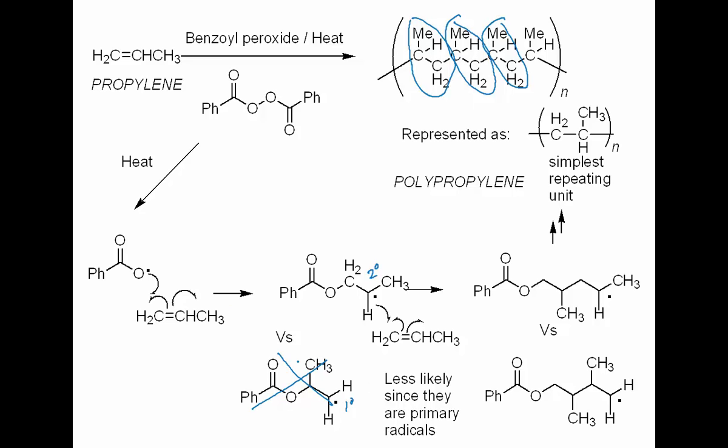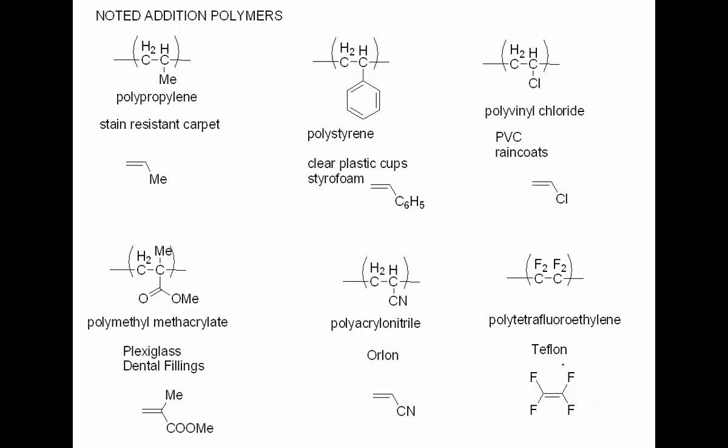This is less likely to occur, so we don't see the reaction going by that pathway. It can react with another one, and again, it has a choice to make a secondary radical or a primary radical, and it chooses to make the secondary radical, and that's how we get the methyl groups in alternating units. Okay, many monosubstituted and disubstituted alkenes, or mono and 1,1 disubstituted alkenes, have been successfully subjected to these polymerization conditions.